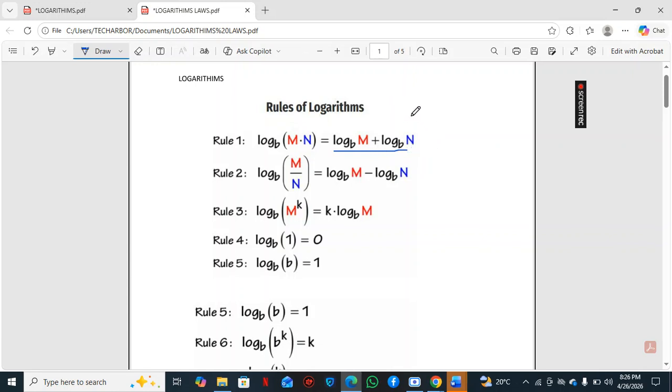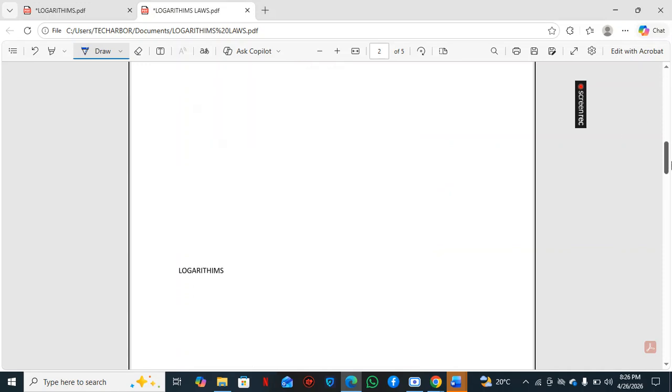For example, if you have log base 3 of 5 plus log base 3 of x minus 1. Remember, the bases have to be the same. In this case the base is 3.